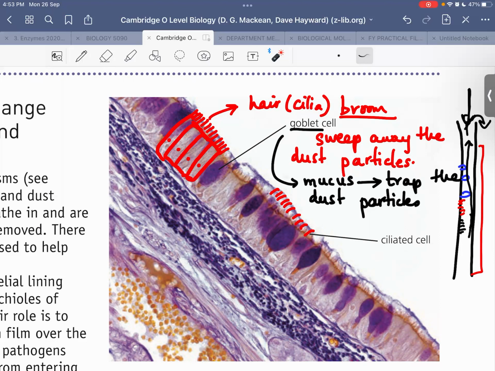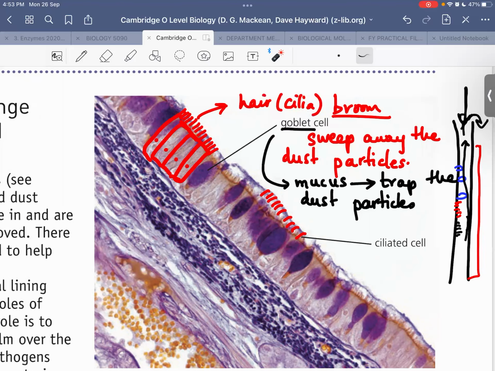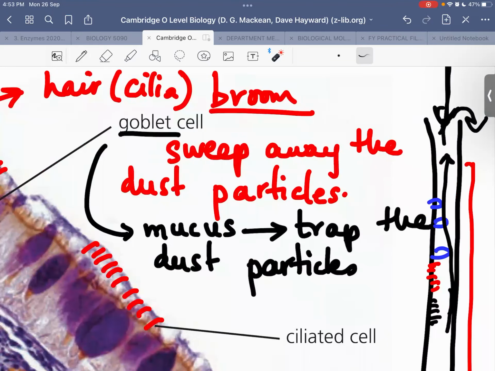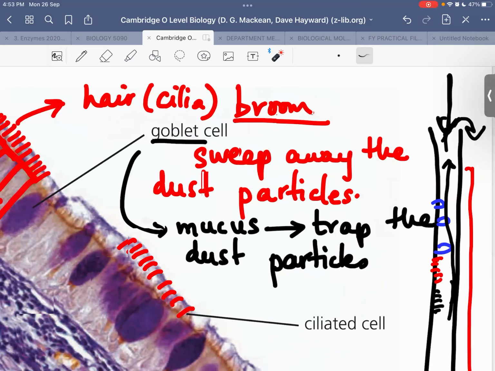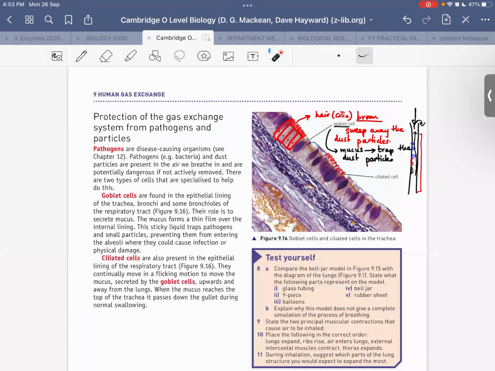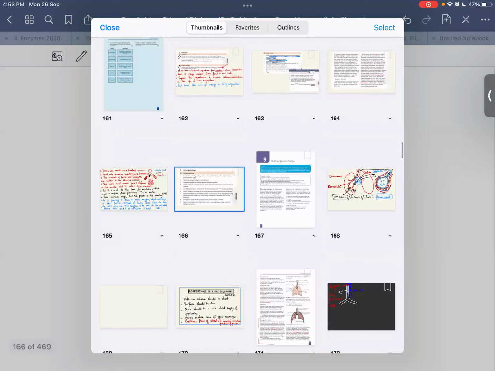Mucus traps those dust particles, and cilia, which have a broom-like structure, sweep away the dust particles so that they don't enter the alveoli, and clean air enters the alveoli, and then once everything is done, they push that mucus upwards so it enters our stomach, and the acid in the stomach can kill the bacteria in the mucus.